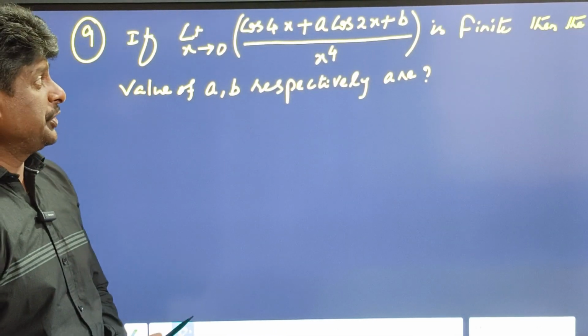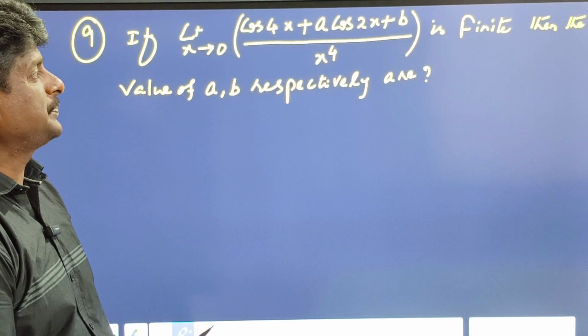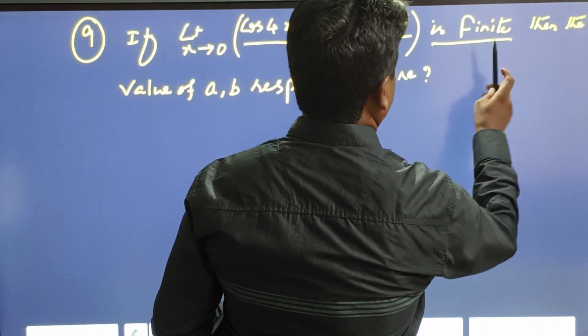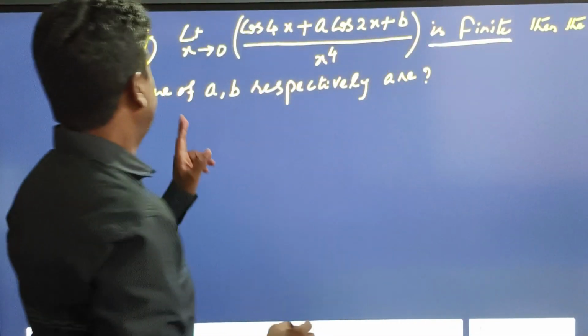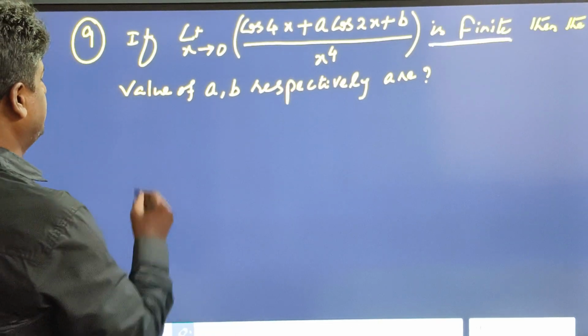Limit x tends to 0, (cos 4x plus a cos 2x plus b) by x power 4 is finite. Then the values of a comma b respectively are. Do observe that.